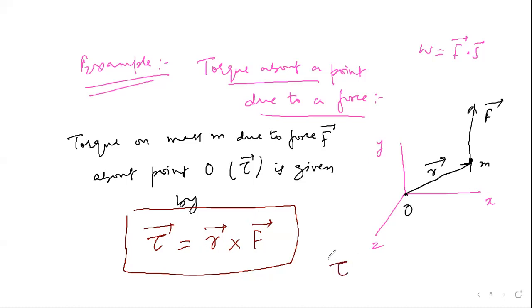Its magnitude will be magnitude of r, magnitude of F, and the sine of the angle between the vectors. That angle in this figure is not this, but this. This is phi. There are other physical quantities also which are expressed as cross product of two vectors. We gave one example.